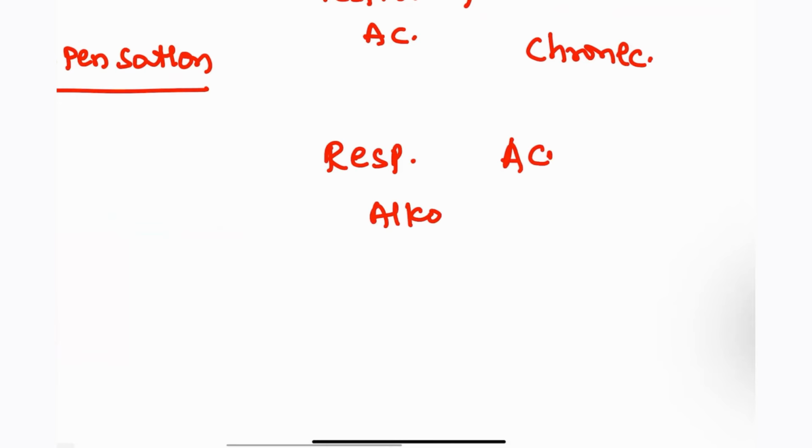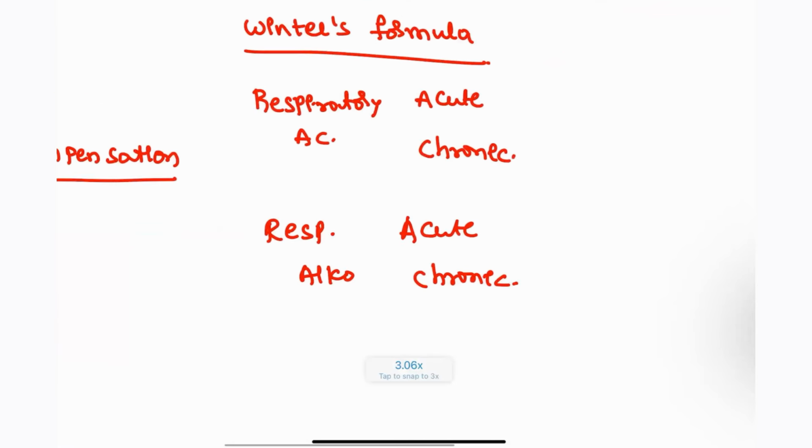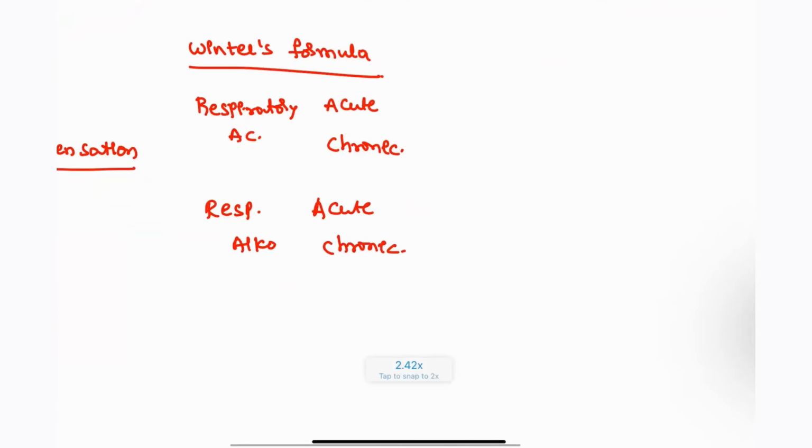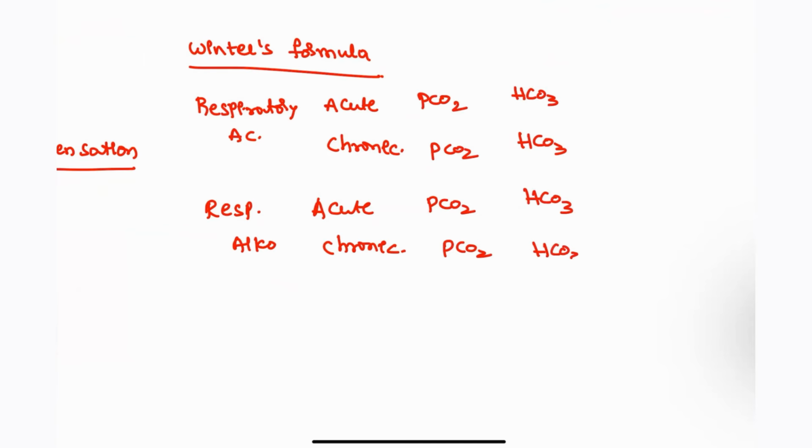Here also acute and chronic. Okay, so how do they both present, guys? For every PCO2 change, there should be compensation by what? HCO3. Okay, HCO3, there should be a compensation that should be presented. So Winter's formula is going to tell us how this compensation has to be maintained.